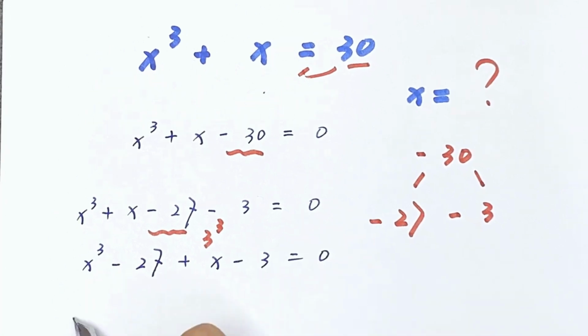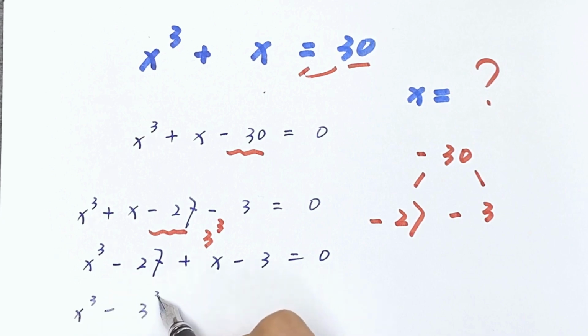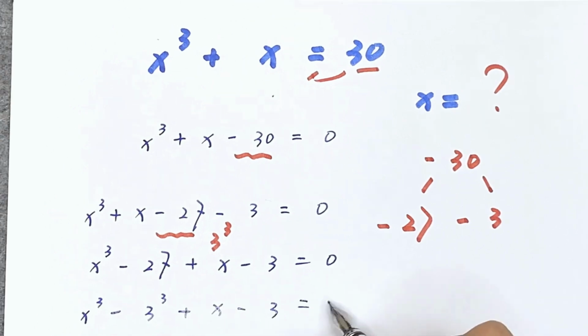It means x cubed minus 3 cubed plus x minus 3 equals 0.